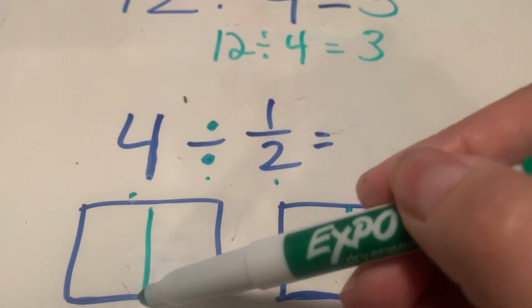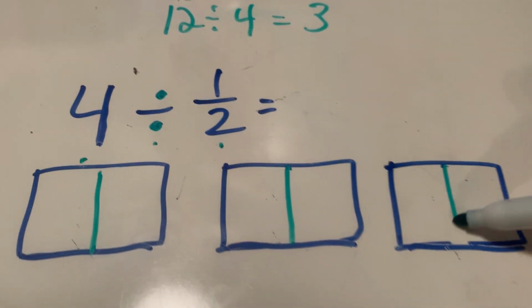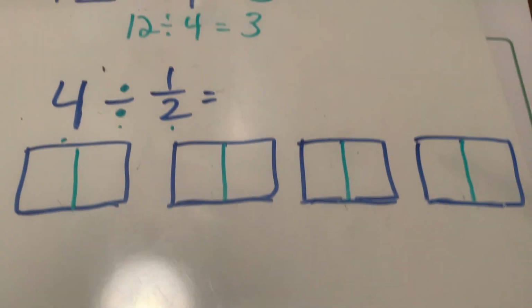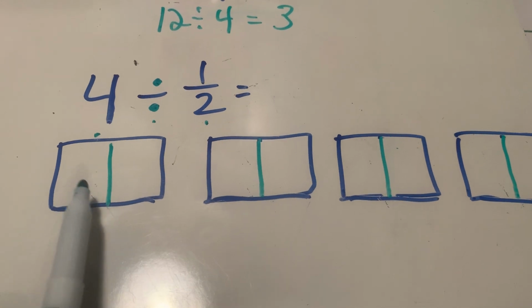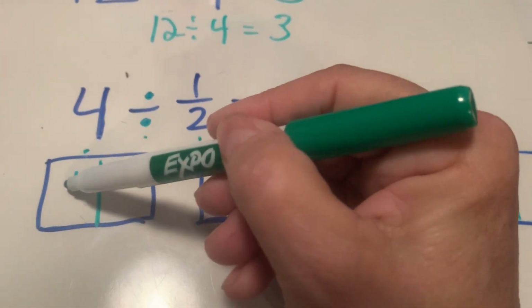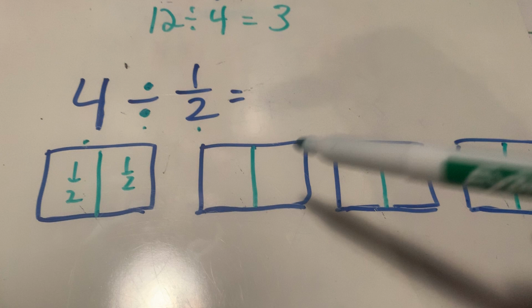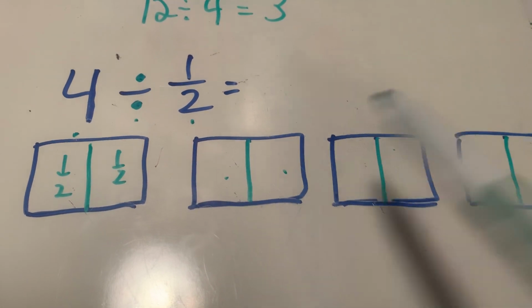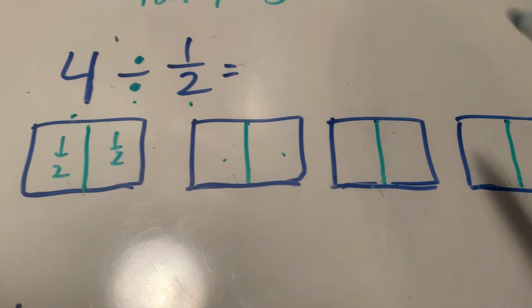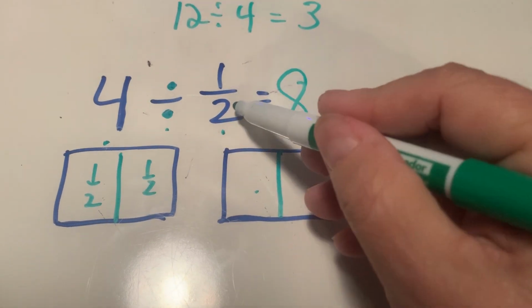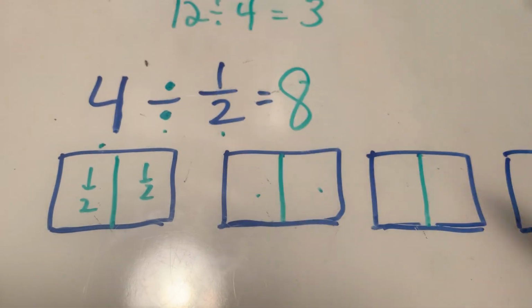We make a half out of each whole, and then we can count: 2, 4, 6, 8. There are 8 halves in 4.